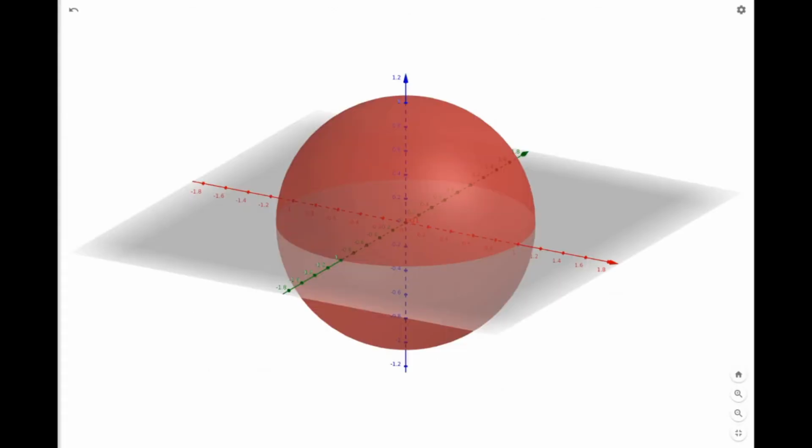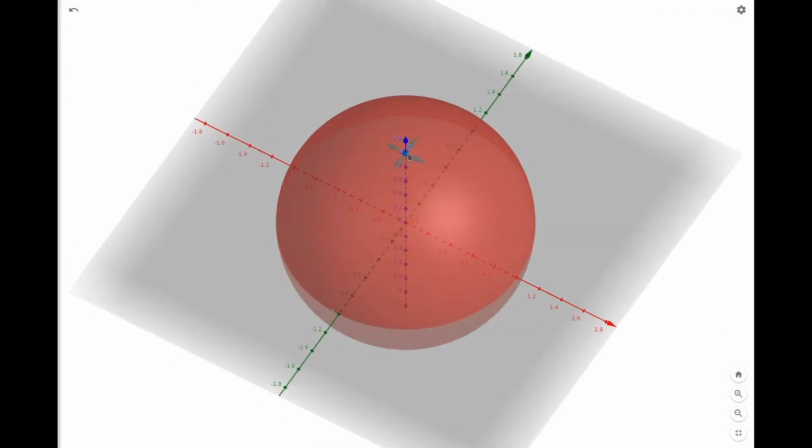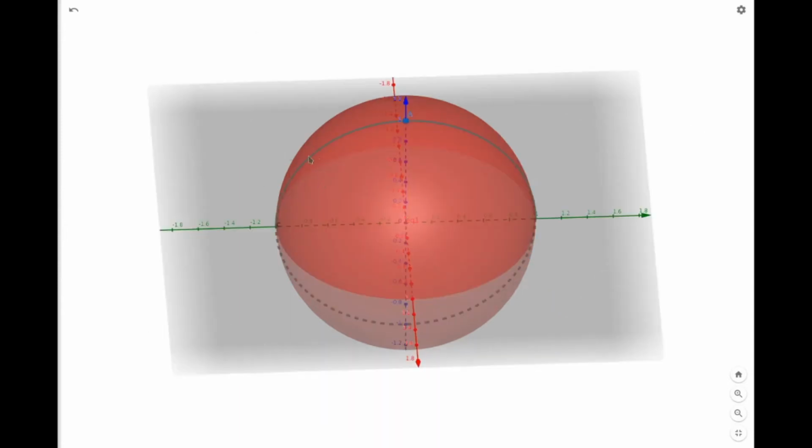As we are taking (0, 0, 1), this is the point (0, 0, 1), and C3 is a circle in the yz plane. We can see that a pi by 2 rotation should land at plus or minus 1 on the y-axis.